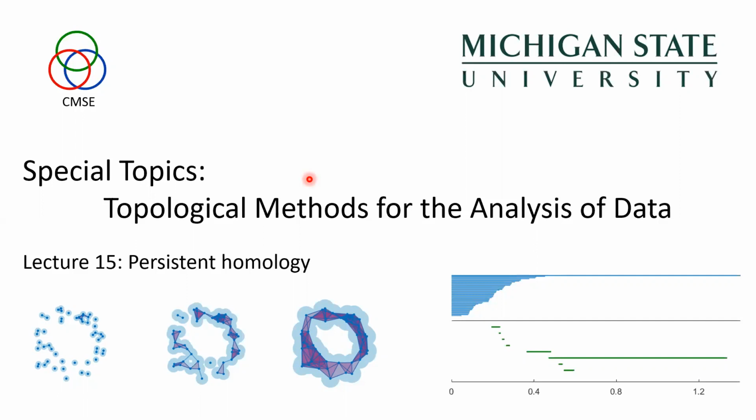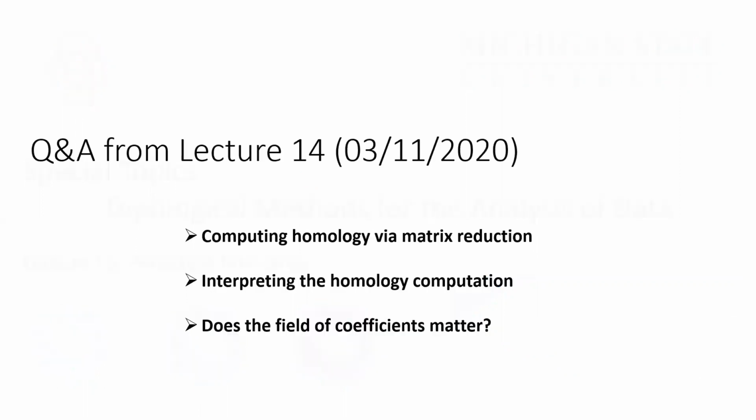Before we get started, I wanted to begin by going over 3 themes that emerged during the question and answer session from lecture 14, specifically questions that you guys asked through the in-class activity. So the 3 themes that emerged were computing homology via the matrix reduction.